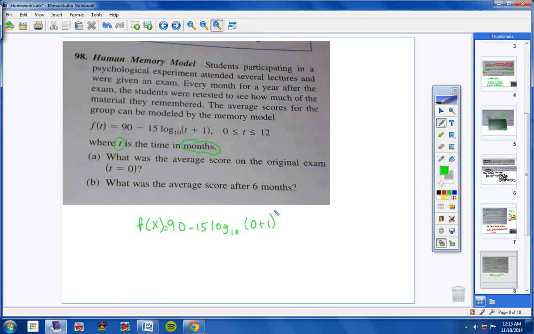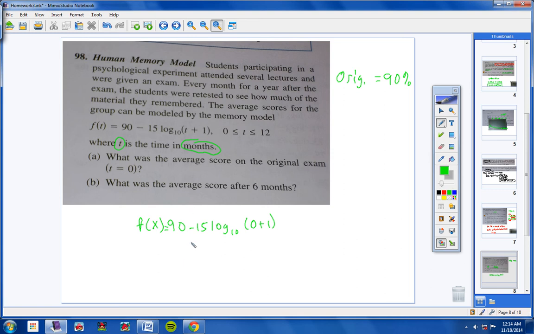I apologize, but here we go. 90 minus 15 log of 0 plus 1, just 1, enter. And what you're going to get out, students, is 90. So that was the score. The original score was 90.